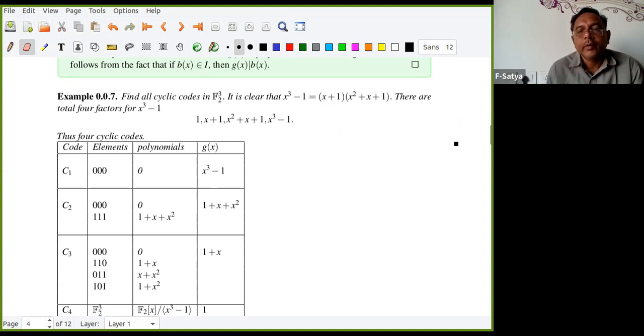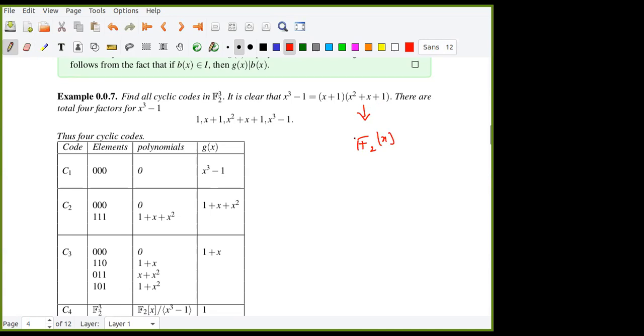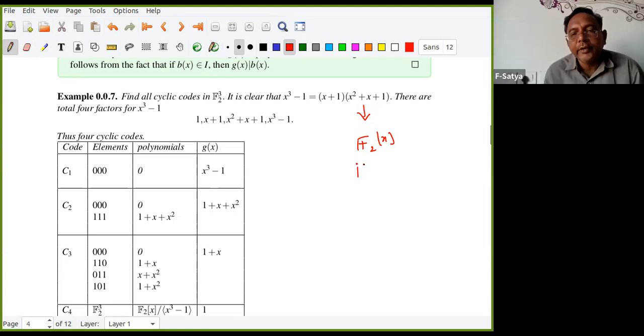Now, what do you know about x square plus x plus 1? Can I split it further? Is it reducible or irreducible? You studied that also in F2[x]. It is irreducible. Why? It does not have roots in F2.